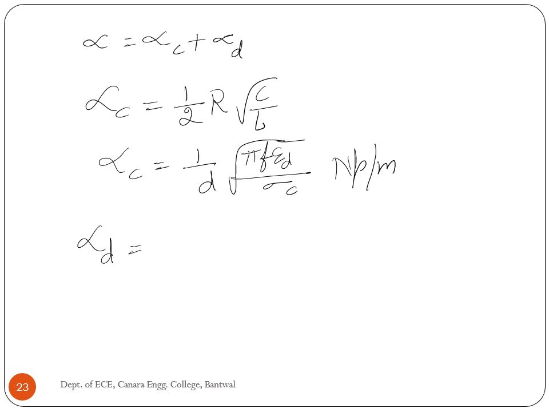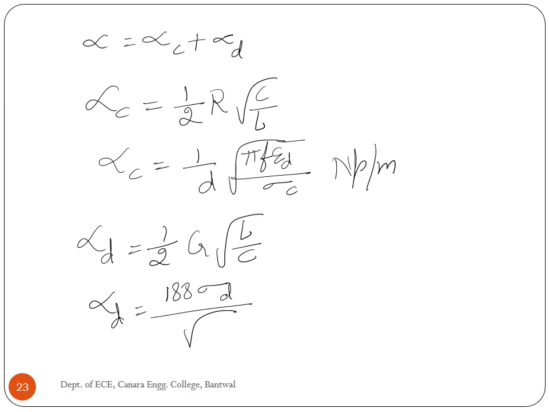Alpha D is equal to half into G into root L by C, which is equal to 188 conductivity divided by permittivity, nepers per meter.